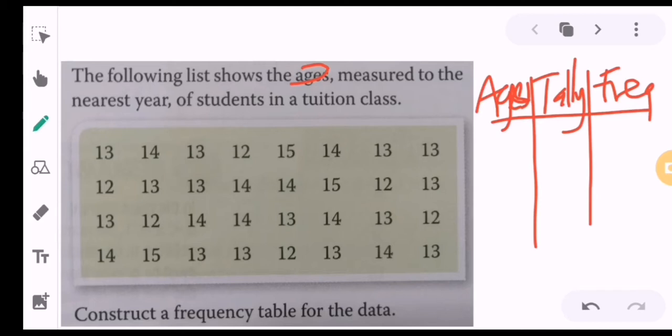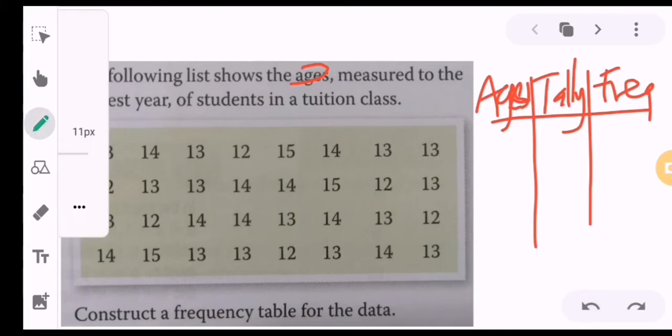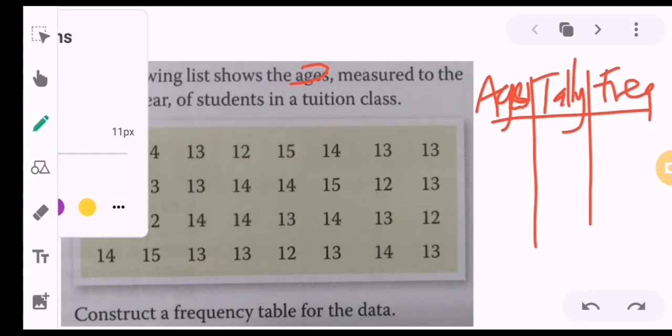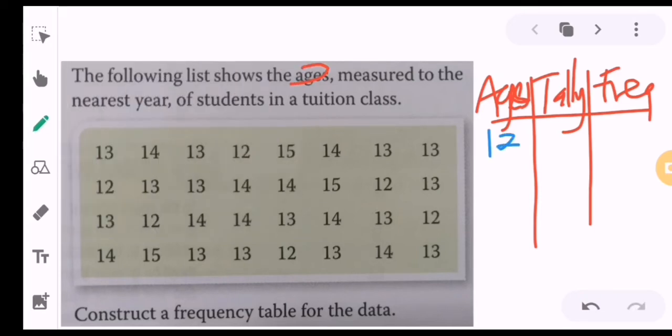Now you go back to the data given to you. Look for the lowest number. The lowest number among, you can check 13, 14, 13, 12. So we have come across what? A 12, which means the lowest number is the 12. There's no 11 there. So we have our 12 here. All right. The next higher number or next number greater than 12 in the data, it's what?